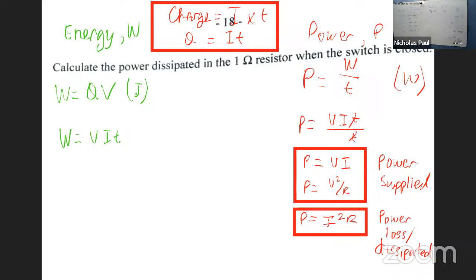Confused how to work it, Vinay? The question asks to find power loss. So which formula will you use, Vinay? It's on the board, on your screen.